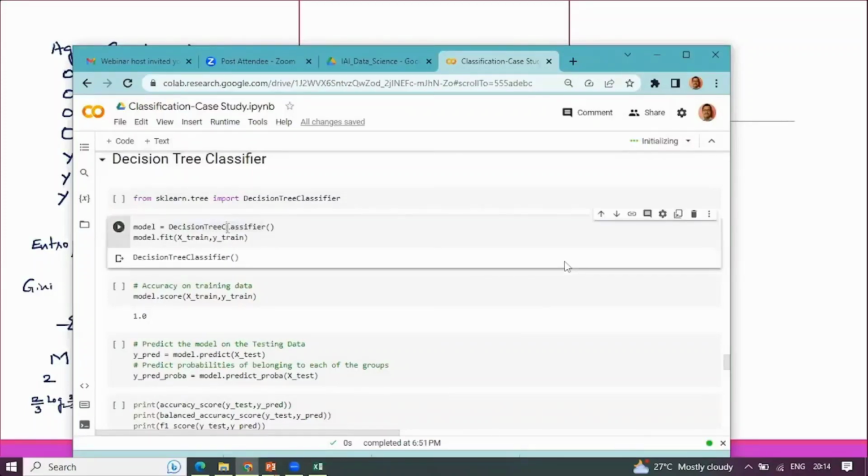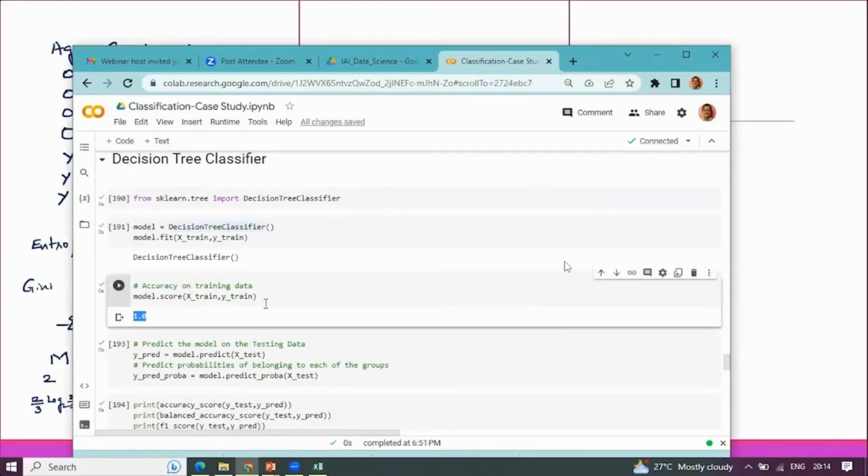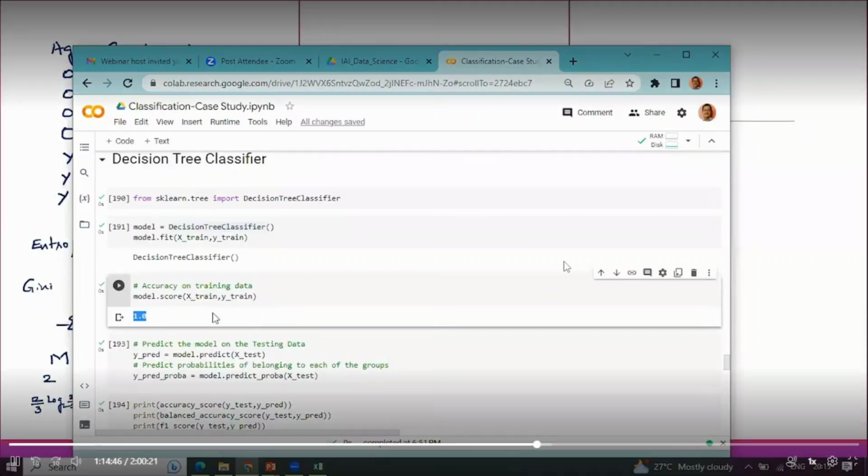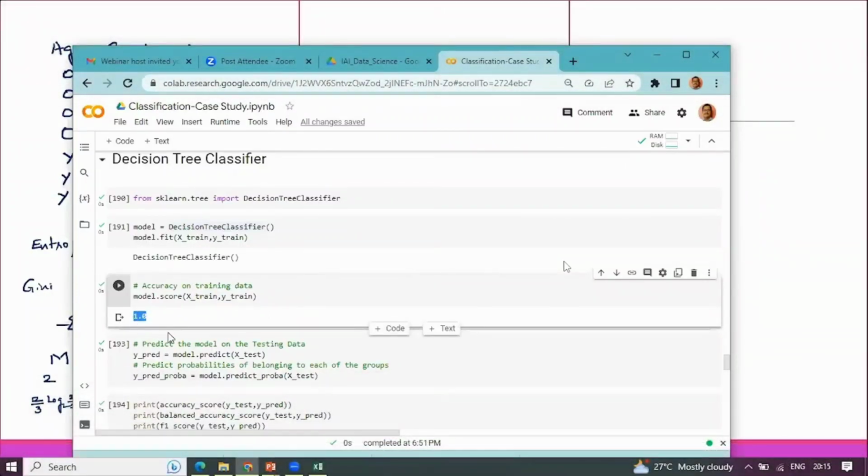So we are talking about a decision tree classifier. Now this is one important point you should be clear about. If there are no constraints or restrictions put on the decision tree, and you test it back on the training data, you will always see a 1 in the accuracy score.